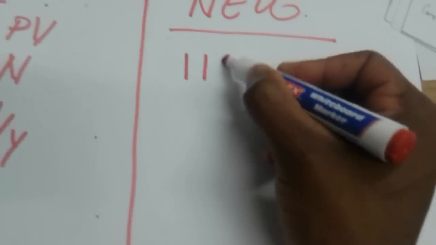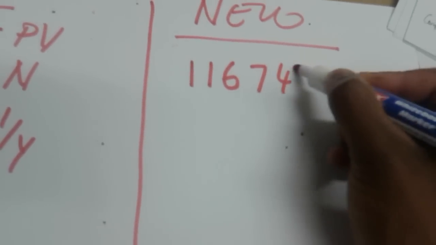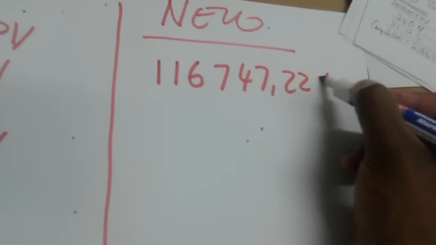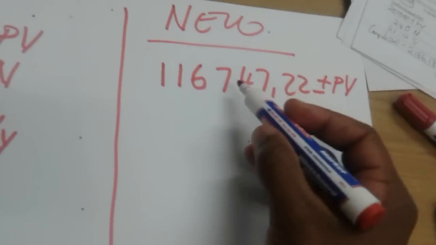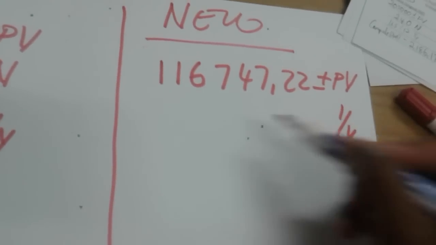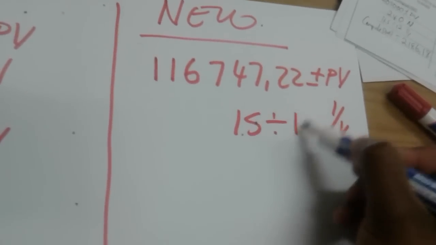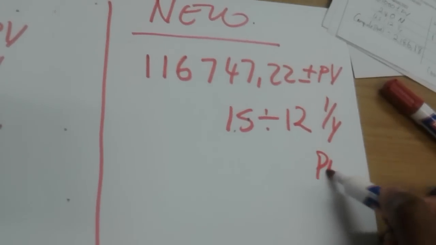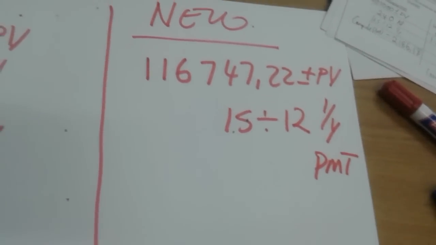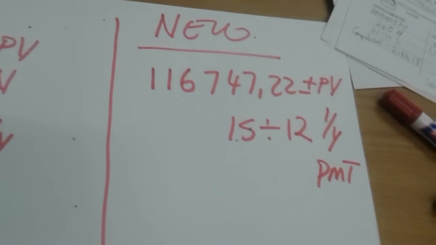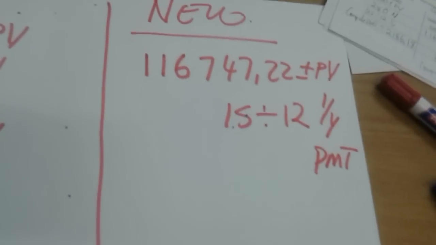So, the new one, remember, for the new one, our balance was 116,747.22 plus minus PV, and then our I had changed to 15 divided by 12. Our PMT, remember I said I want you to ignore that B version, the one I explained when I was saying it changed this one.